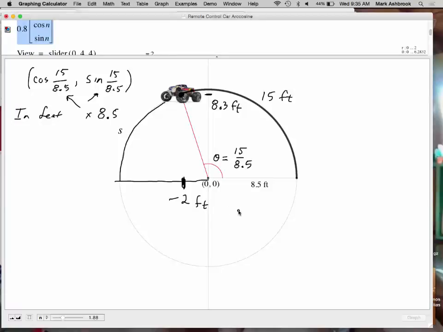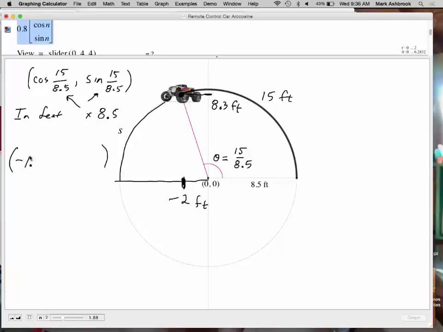Check them out. What is it actually? As soon as you get it, tell me. In feet. So we're getting exact coordinates of the truck in feet. So we estimated negative 2. Negative 1.64.